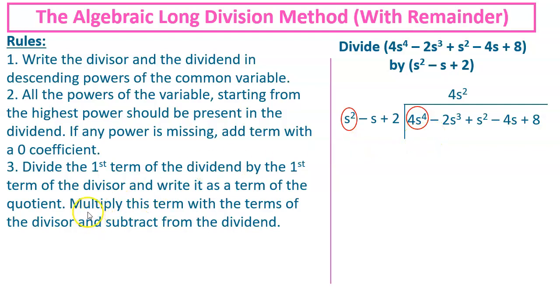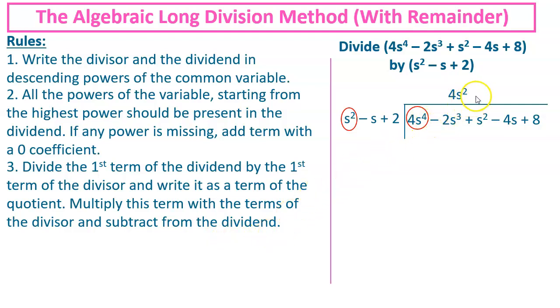Next, what do we do? Multiply this term, that means 4s to the power of 2, the first term of the quotient. We will be writing the terms of the quotient over here. Okay. So multiply this 4s squared with all 3 terms of the divisor, and subtract from the dividend.